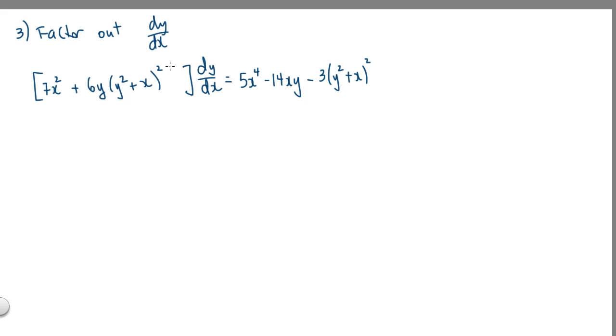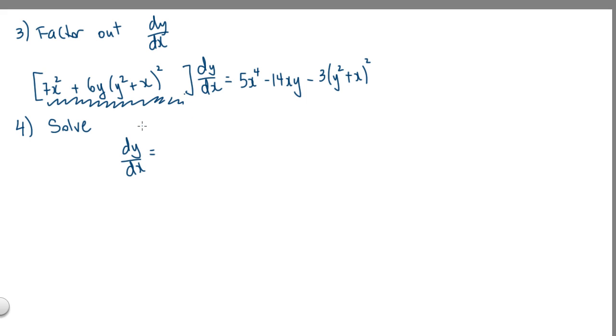Okay, so factoring out the dy by dx is generally fairly easy because we've already got our dy by dx terms over on one side. And then finally, very last step of the problem, we're just going to solve now for dy by dx. So all that's involved here is we're going to divide through by whatever is in this bracket here, and that will leave just a single dy by dx over on the left side.